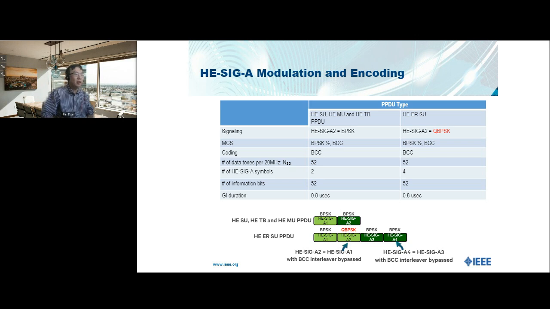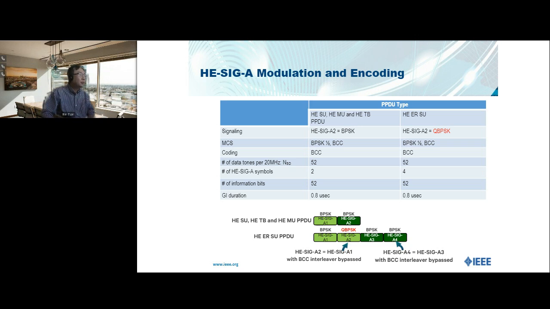This is according to the spec. They are all modulated by BPSK, rate 1/2, using the convolutional code BCC. There are 52 data tones and 4 pilot tones, so there are a total of 56 tones there.